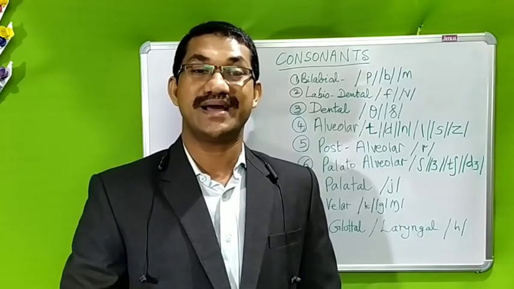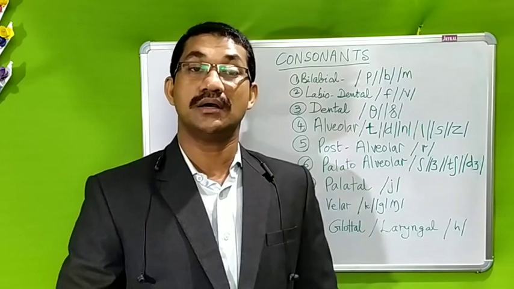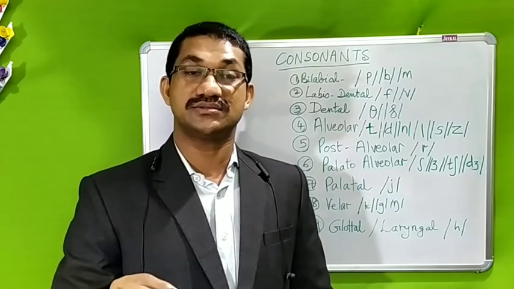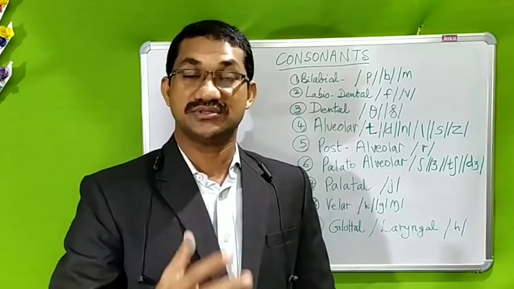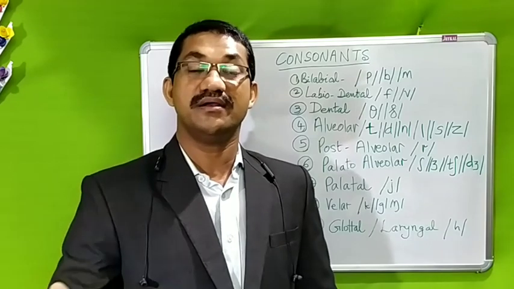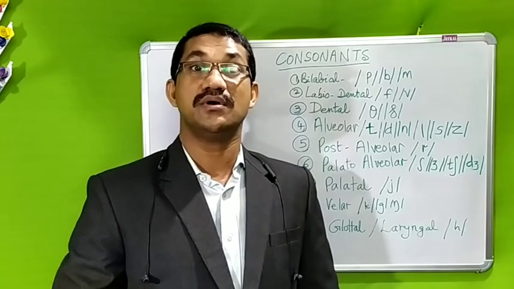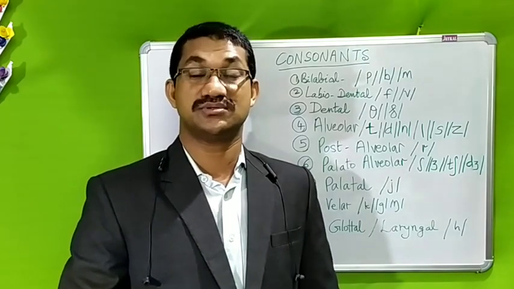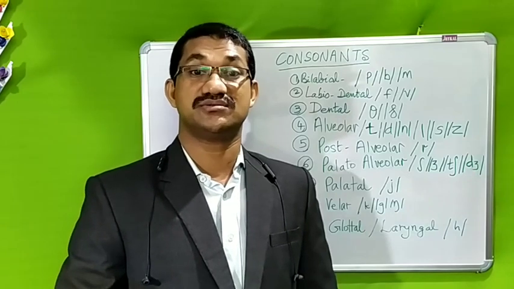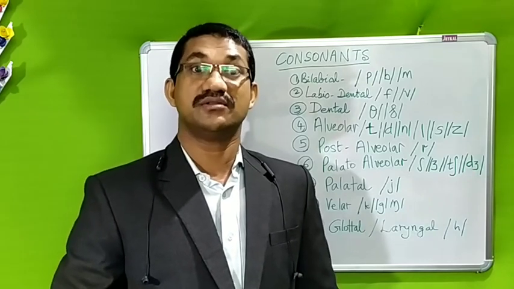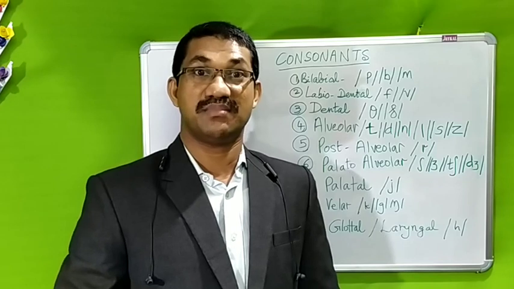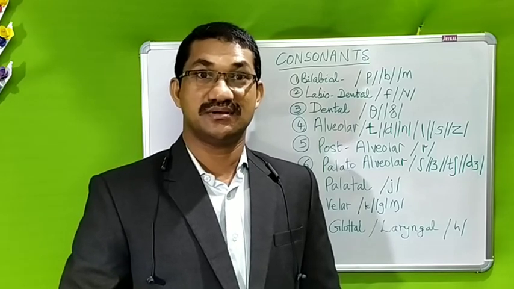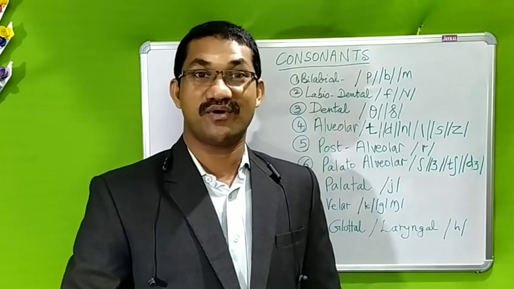And we know that consonants are known as stops. You see, the consonants are divided further into many groups like the stops, the continuants, the fricatives, the bilabials, the post-alveolar.